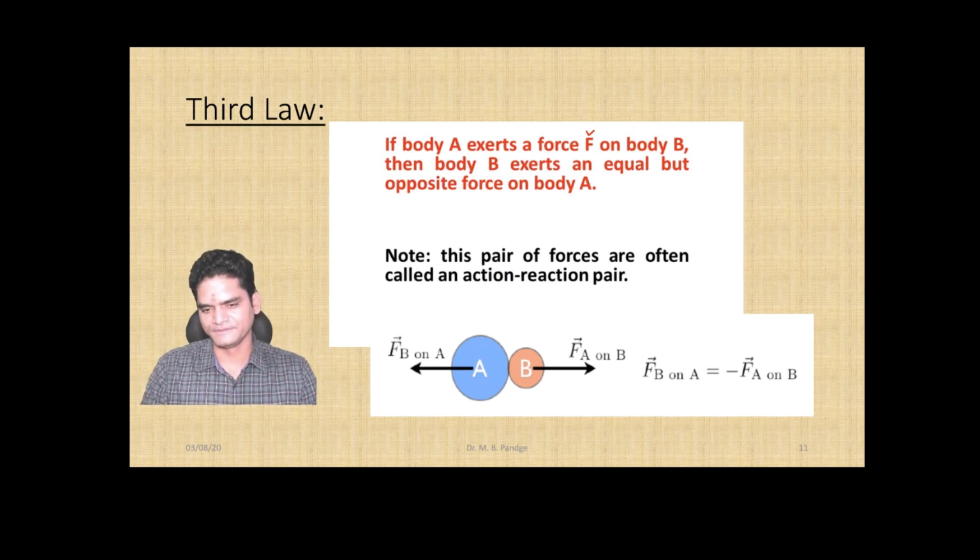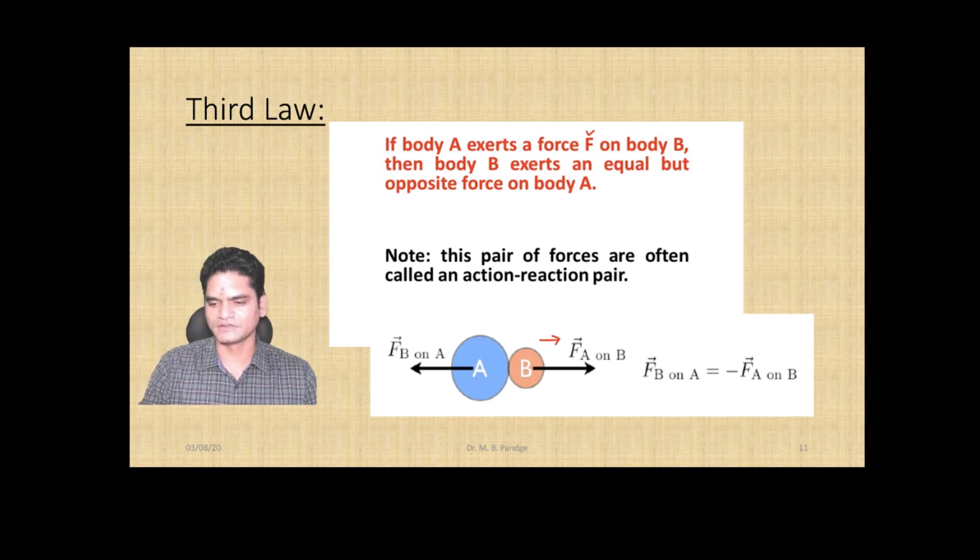See here, you can clearly see F_AB, the force of A on B. This subscript indicates the force because of A on B. Body A exerts force on B, and similarly, in the opposite direction, body B exerts force on body A. This can be written as, because we have said that it is an equal but opposite force, so this minus sign indicates the opposite force.